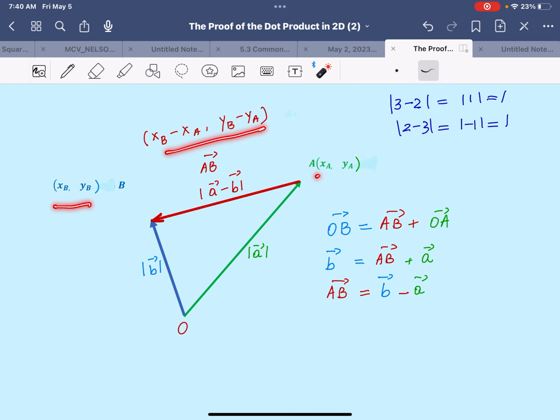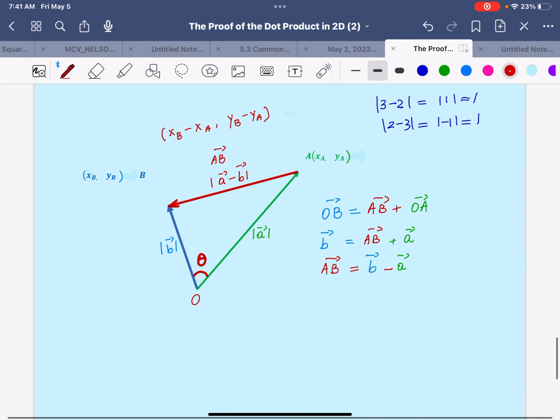We have their coordinates, and we have all the information we need about them as geometric vectors. Now, the angle made between vectors OA and OB will be this angle theta right here, where the tails are connected to each other. And that's exactly what we'll call it for now, angle theta.